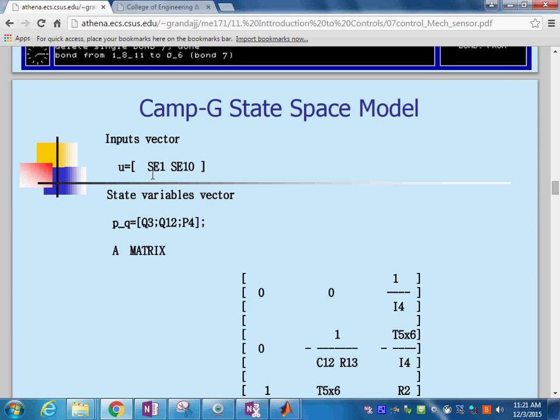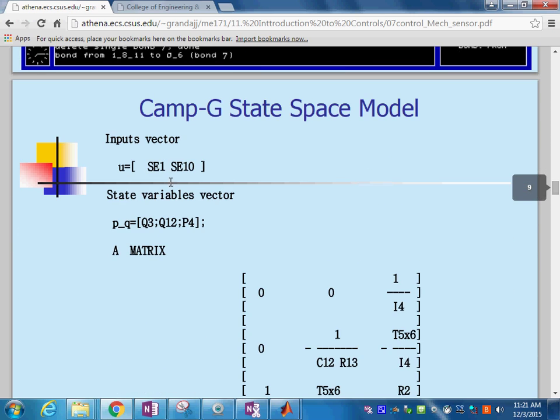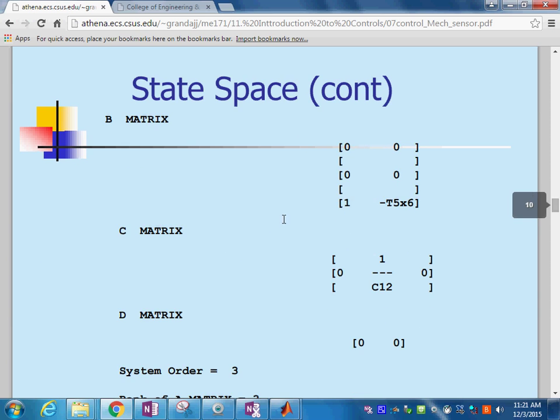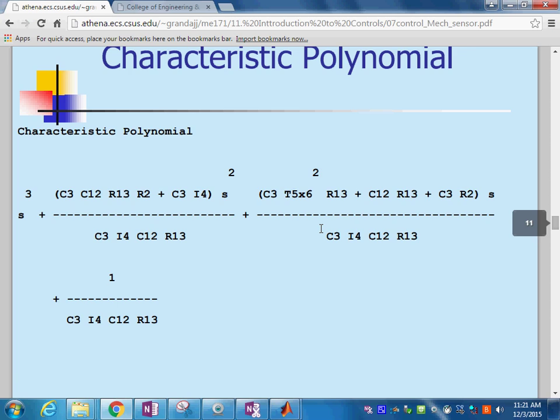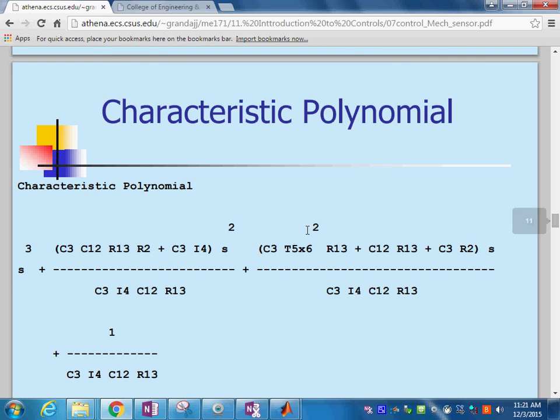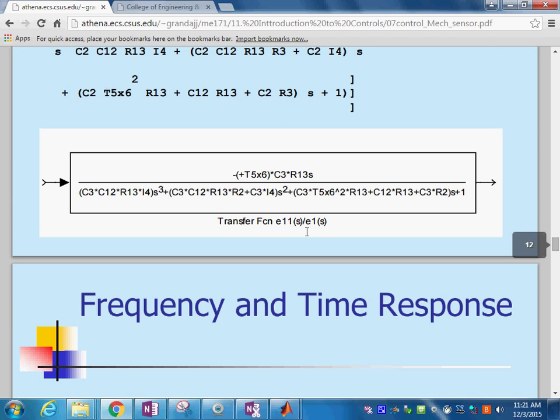We have two sources, this one and this one, but this one is just to represent the operational amplifier. These are the state variable vector, the A matrix, the B, the C, and the D matrix. This is the characteristic polynomial, which is the denominator of the transfer function. And here reveals that the computer has in fact derived this transfer function.